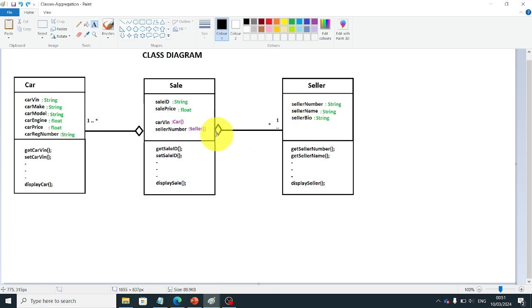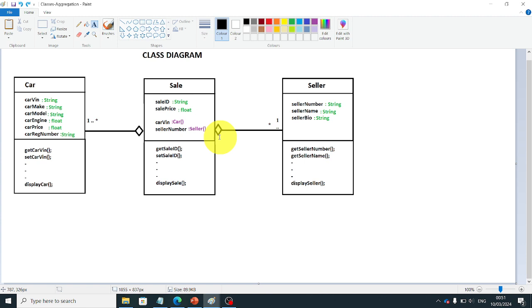That is a partial composition, what we call an aggregation. It's not a full composition where you would fill in the diamond. As an introductory level, you might just say compositions are everything, all relationships that are kind of the same, but there's a subtle difference between them.